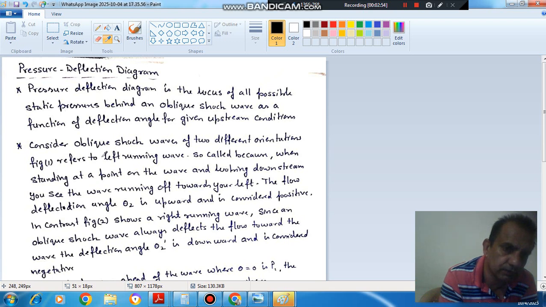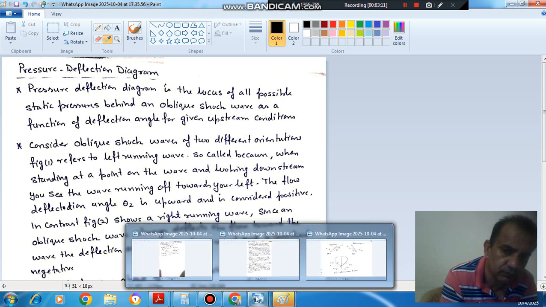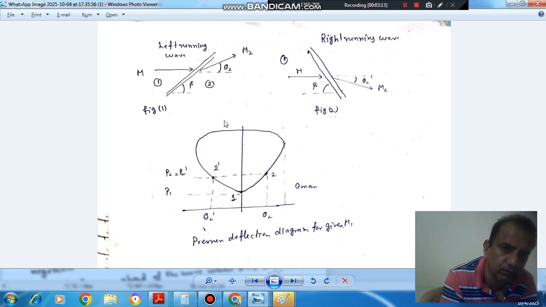Consider an oblique shock wave at two different orientations. Figure 1 refers to the left running wave, so called because when standing at a point on the wave and looking downstream, you see the wave running off towards your left. So here the wave is moving towards the left, that's why it is called left running wave.